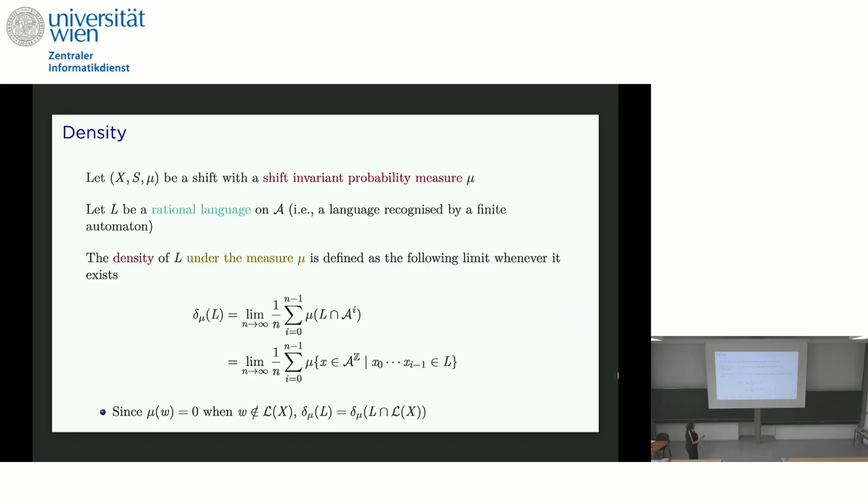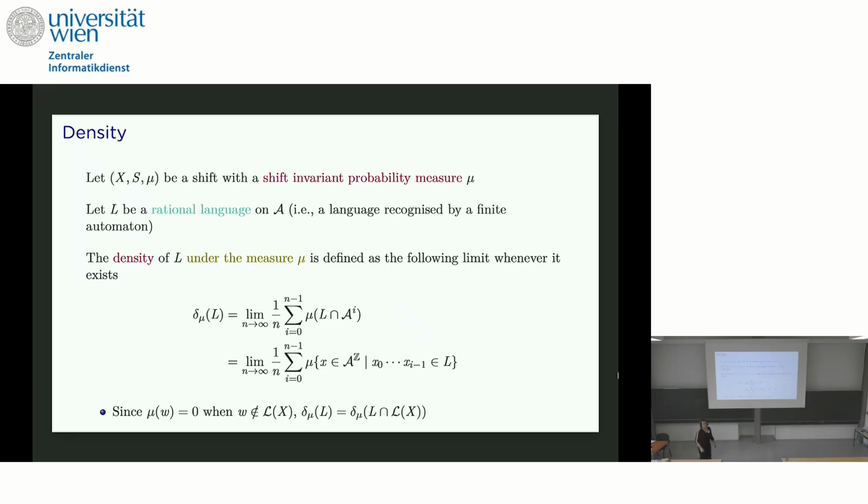I stress the fact that since the measure has as support the shift by definition, you see only elements of your language that are in your shift. So the measure is a way to extract from the rational language, the big language, elements of your shift, which is a priori small if you take a Sturmian shift, small in terms of zero entropy.